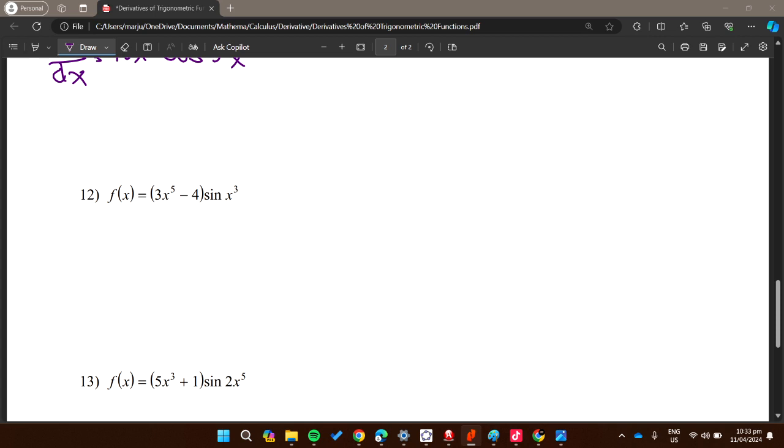So again, gamit tayo ng product rule muna. So anong gagawin natin dyan? So kunin mo yun ang derivative nito. Alright? And then this one. And then derivative ng sine. And then the second one. Sige.